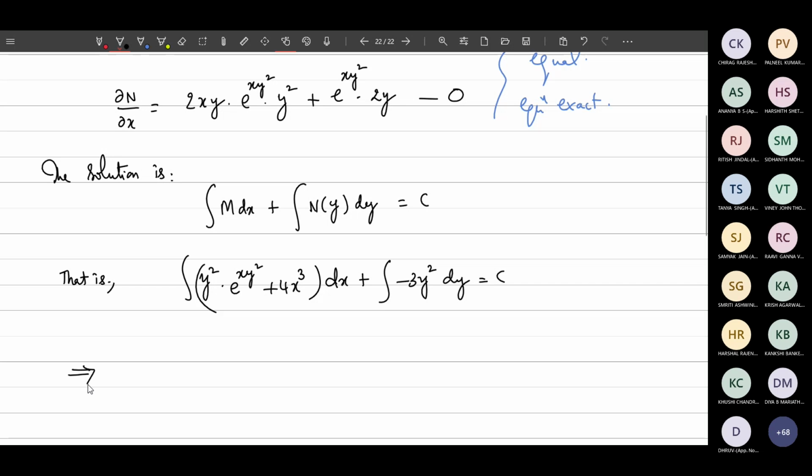Integration with respect to x means y is constant. So y square e power xy square integrates to e power xy square over y square, times y square, plus 4 times x power 4 by 4, minus 3 times y cube by 3, equal to c.